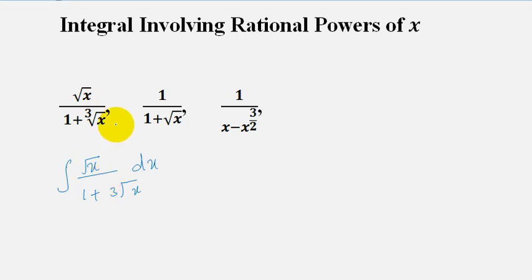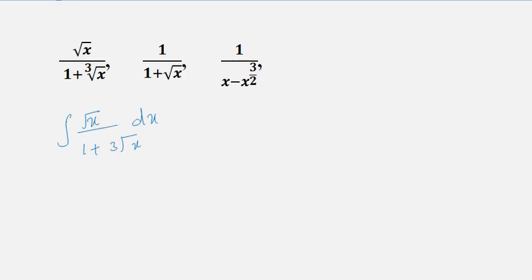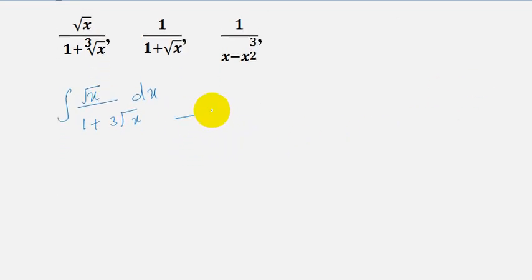This is our first function and this is our equation number 1. So, here we take z equal to, as LCM of the exponents of x is 6, x raised power 1 upon 6.